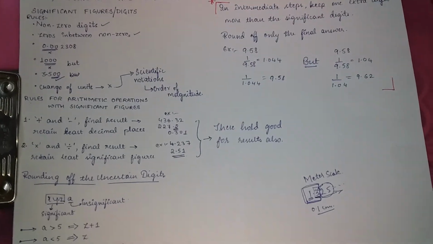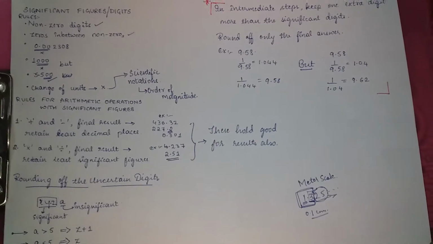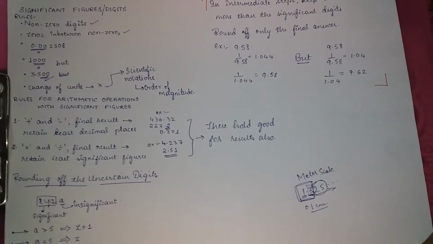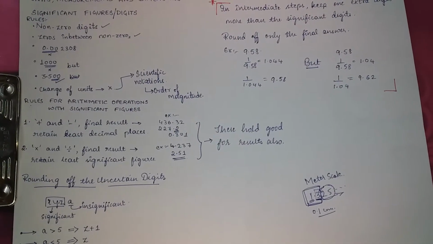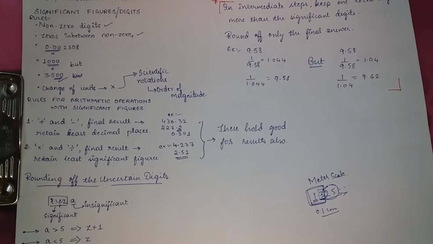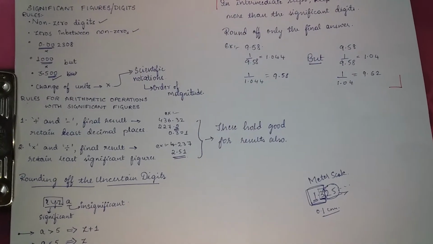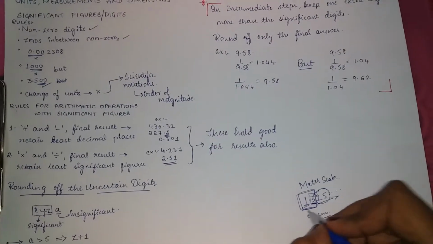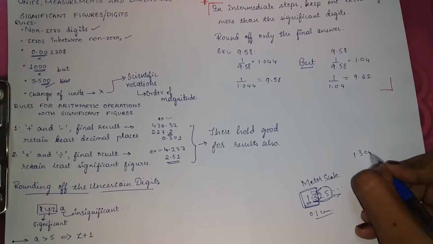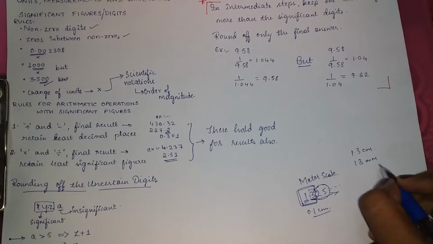Now coming to the rules of significant figures. Before giving the rules, they have given one statement: a change of different units does not change the number of significant digits or figures in a measurement. For example, 1.3 centimeters can be written as 13 millimeters.